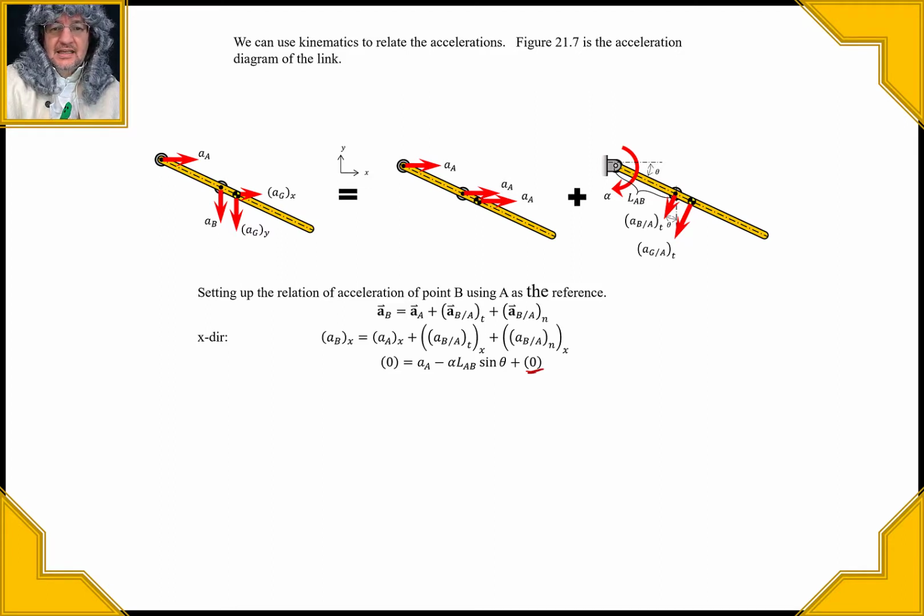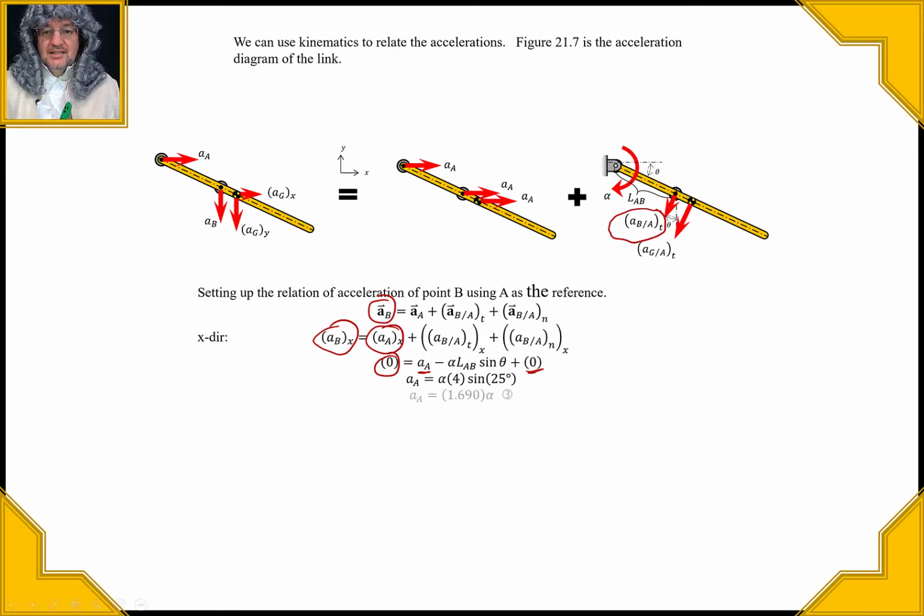We could see that the acceleration at A is completely in the x direction. Then we have the tangential acceleration right there, so we're relating A and B together, but at B, we know in the x direction it's going to be 0.